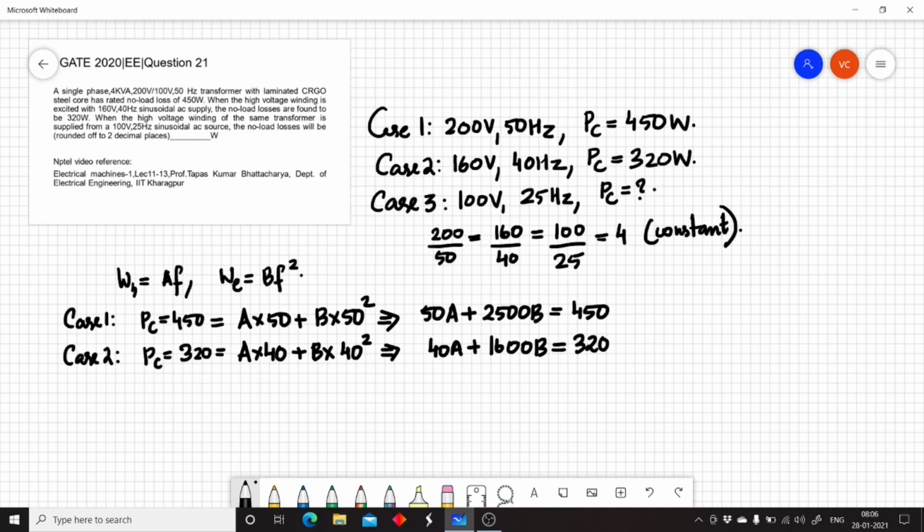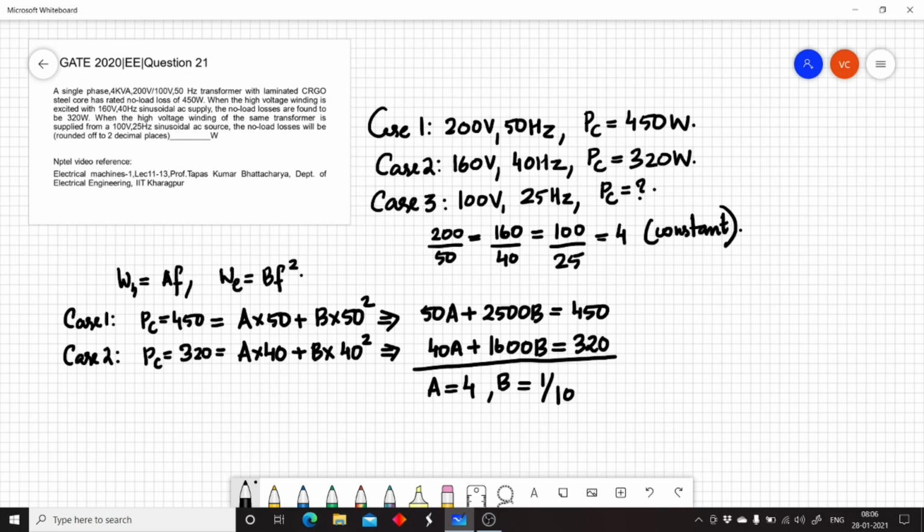Now it is like we have two equations and two unknowns. We need to solve for A and B. If you solve this, we will get the value of A to be 4 and B to be 1 by 10.